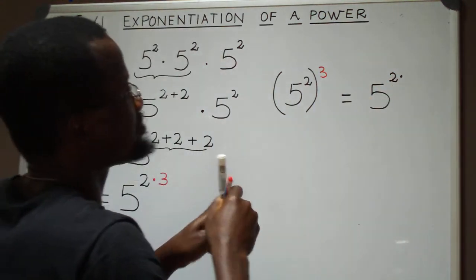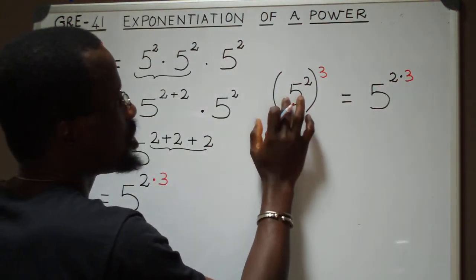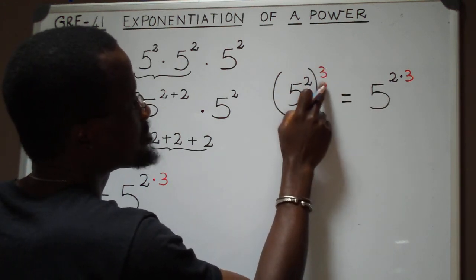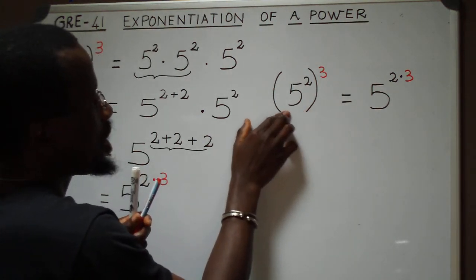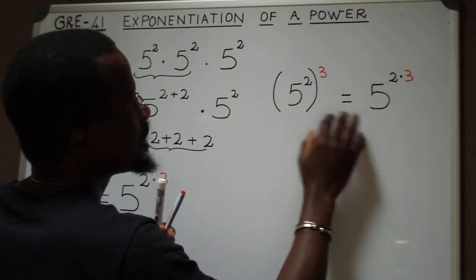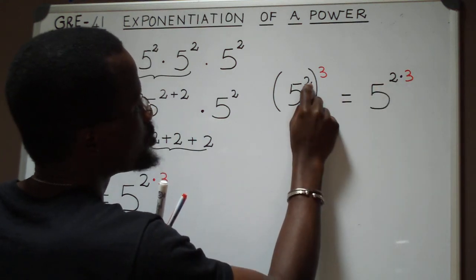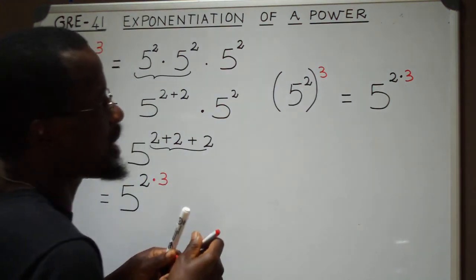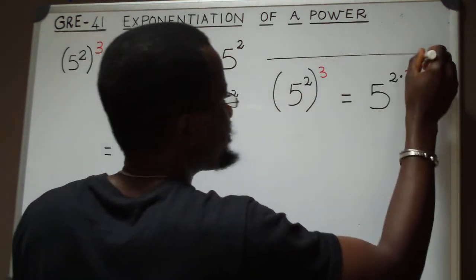What that means is that if you have a power of 5, and then this power of 5 is raised to an exponent, let's say 3, then instead of calculating it this way, it could be calculated that way. In other words, it is equal to 5 raised to an exponent that is equal to the product of the 2 exponents, 2 multiplied by 3. This is the formula that we have arrived at.